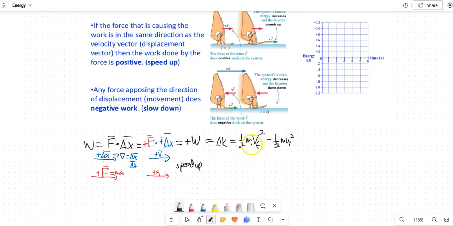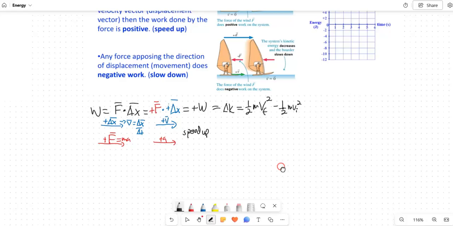So if your final kinetic energy is larger than your initial kinetic energy, you are speeding up in this case. In other words, when those two vectors are pointed to the right, that results in something that is speeding up, and that is called positive work.